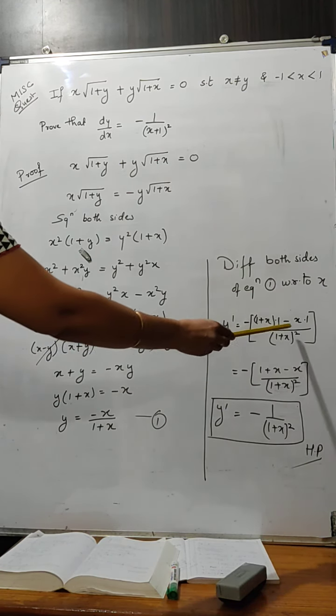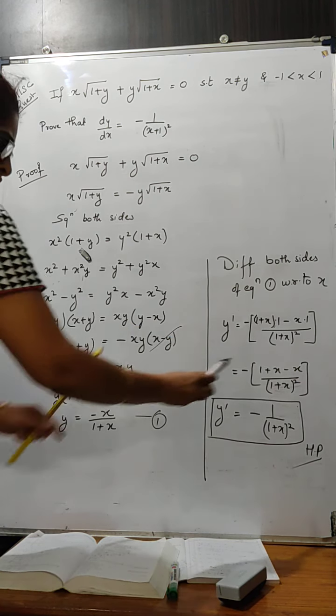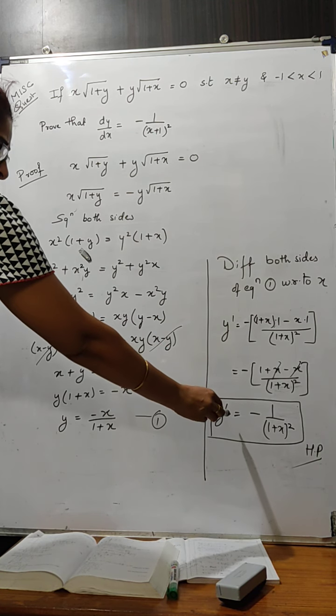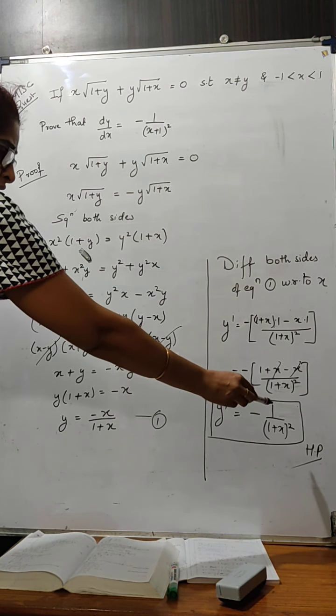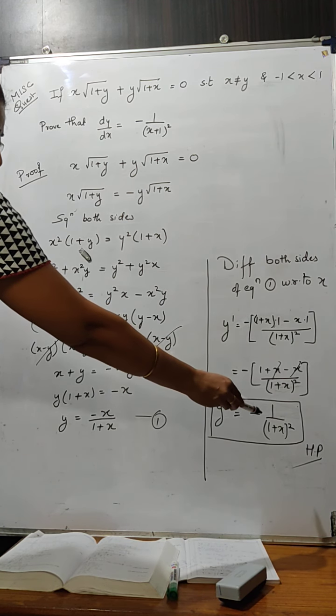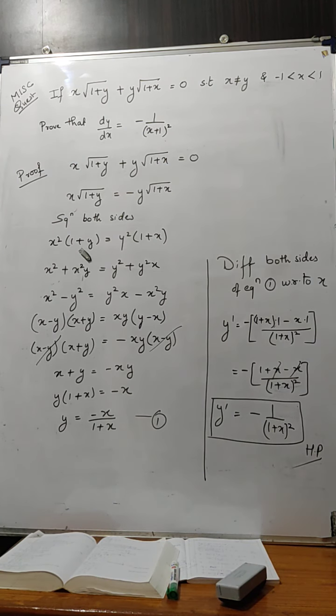So after differentiating we will be getting 1 plus x minus x, cancelling this, we will be having minus 1 upon 1 plus x the whole square, that is y dash equal to minus 1 upon 1 plus x the whole square, which is actually what we have to prove.